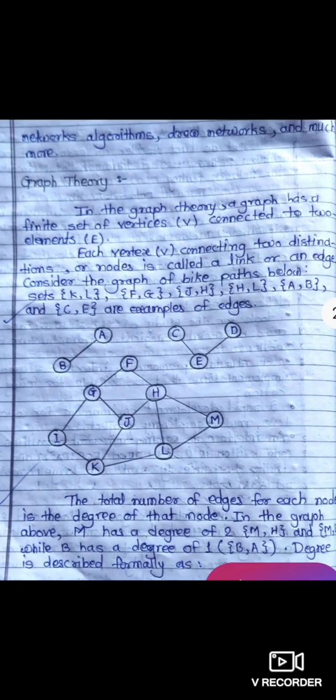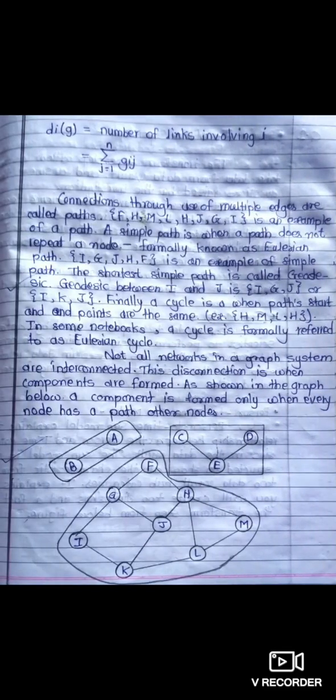So the degree of the node is 2, while B has a degree of 1 because vertex B has only one node connected, that is A. So there is only one edge, so the degree of that node is 1. The degree of a node is equal to the number of links involving i. Here is the formula: the summation over j equal to 1 to n of G of ij.